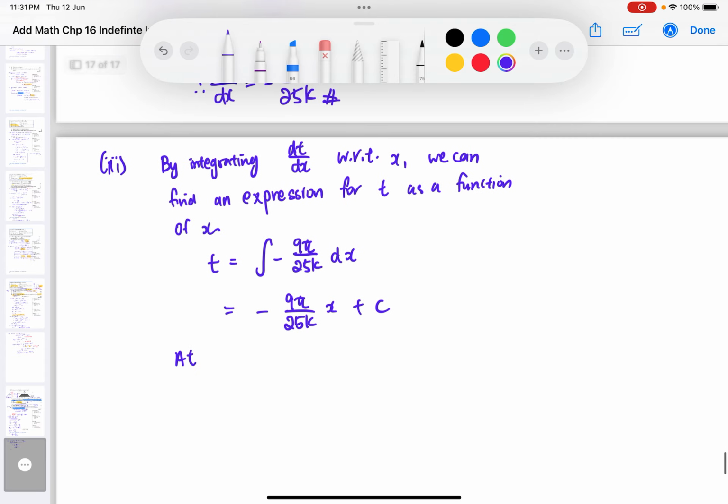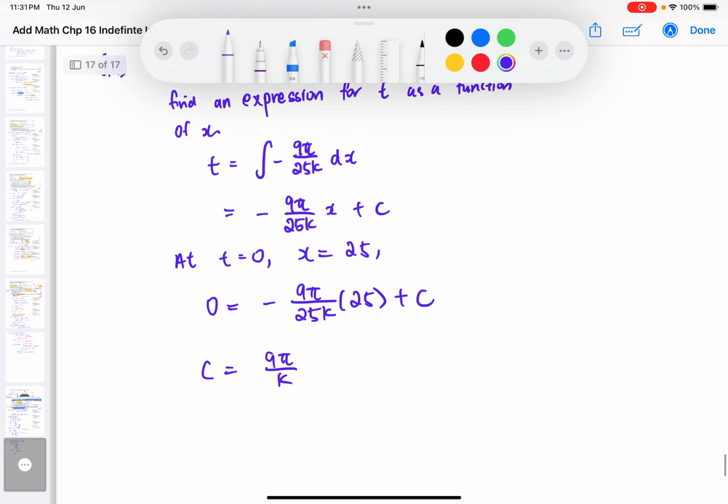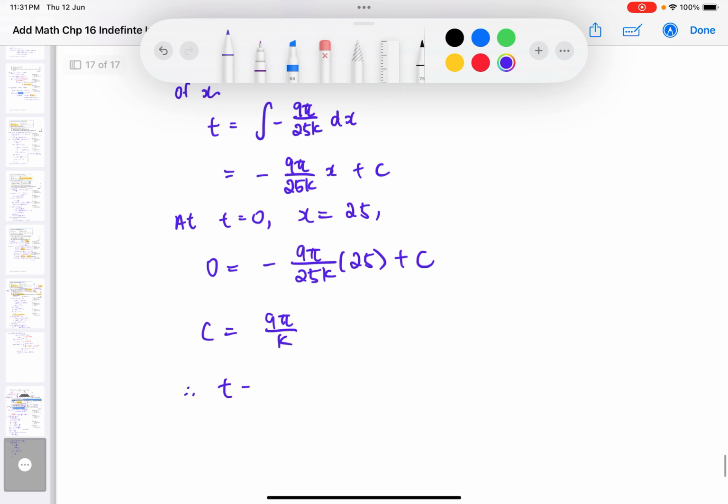So at t equals to 0, x is 25. Sub it in lah. Then you can solve for c. So c is 9 pi over k. Okay, so now that we have found c, therefore t is negative 9 pi over 25k x plus 9 pi over k.